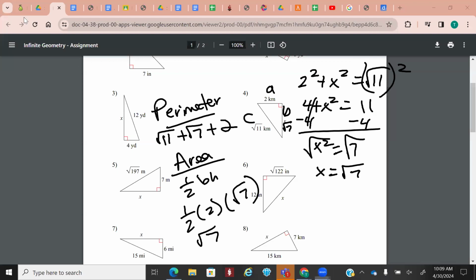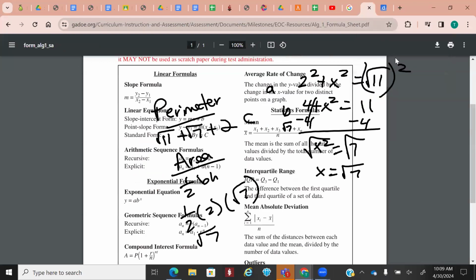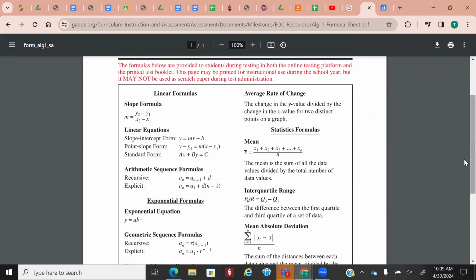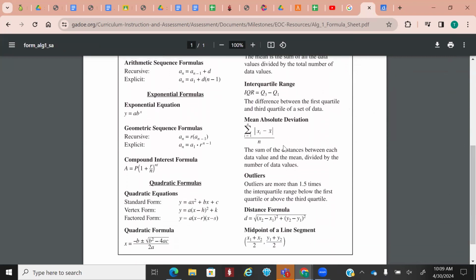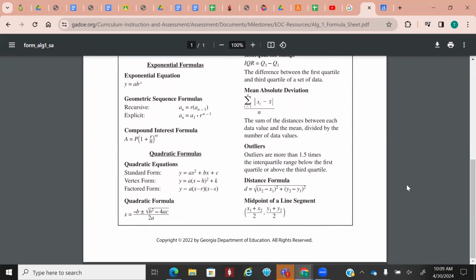You are given a formula on your EOC. It looks like this. Okay, formula sheet. They give you slope formula, slope intercept, point slope, standard form, arithmetic, exponential. They give you MAD formula, which I know this is a little weird. Okay, they give you compound interest. They give you midpoint.